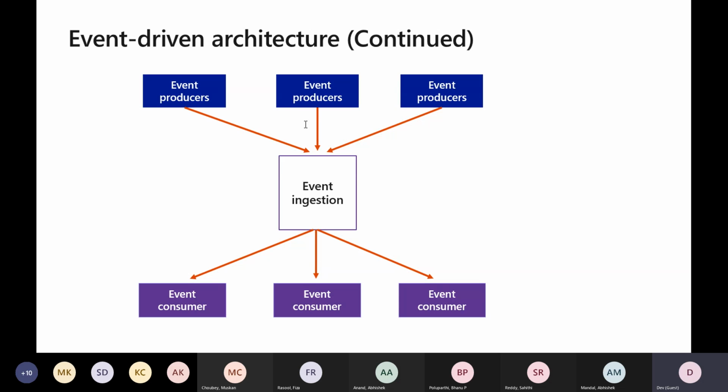So these are the 5 concepts in your Event Grid: event, event source, topics, event subscription, and event handler. The event is nothing but what happened. An event can be defined as the smallest amount of information that we are targeting.